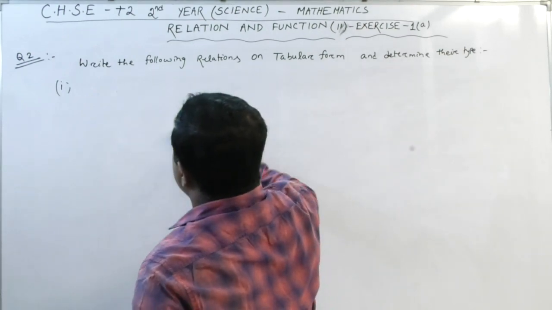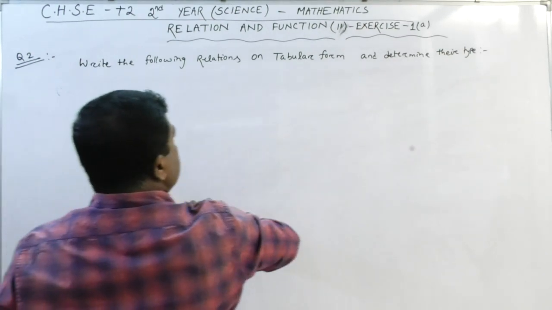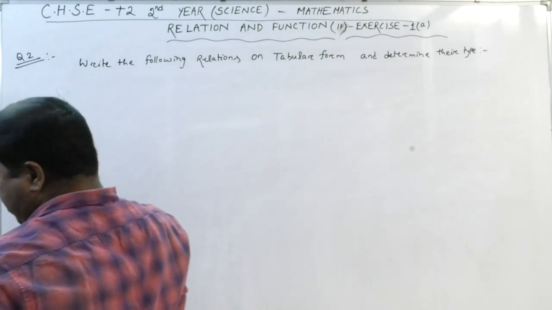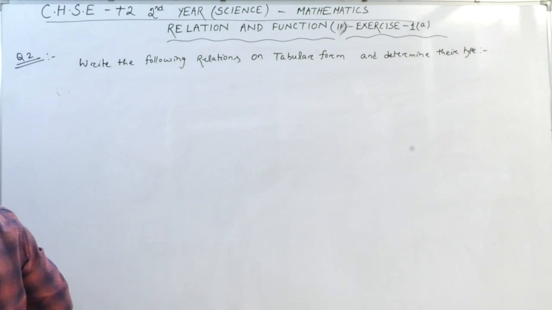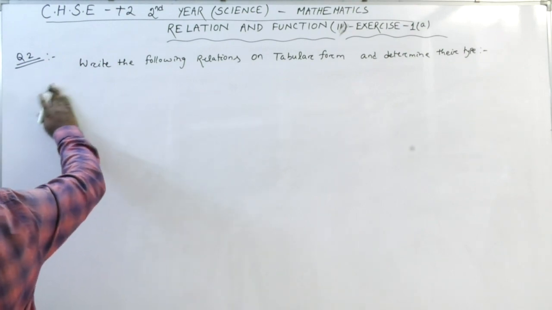So this is the question: write the following relations in tabular form and determine their type. Okay.